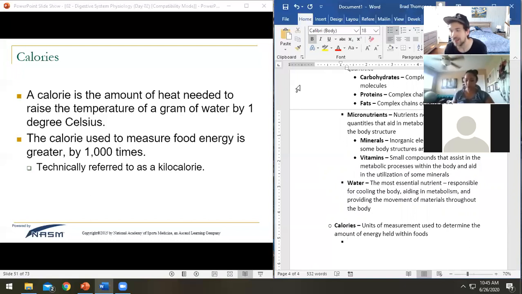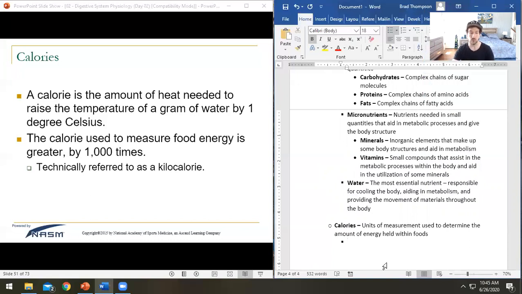When something says 200 calories on it, it's actually 200,000 calories. It's just that that number is so large, we decided to create the uppercase version. The uppercase version is equal to 1,000 lowercase versions. And so what a calorie actually is, typically we refer to that as a kilocalorie.